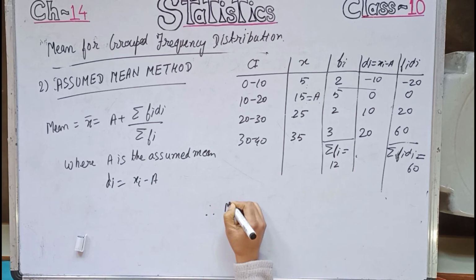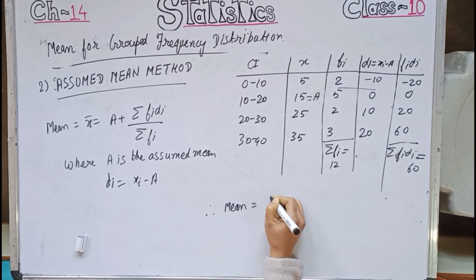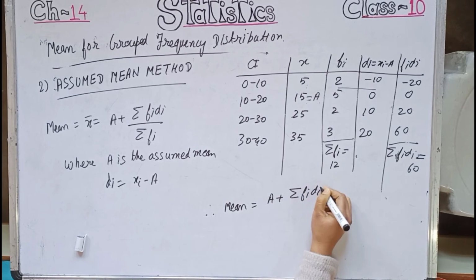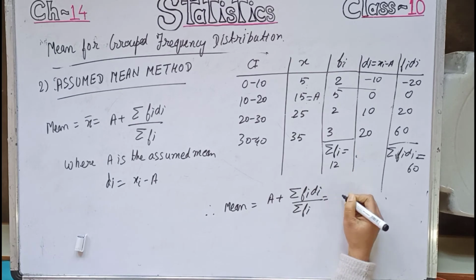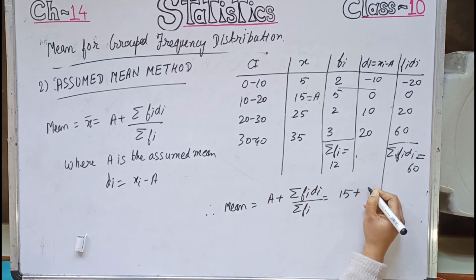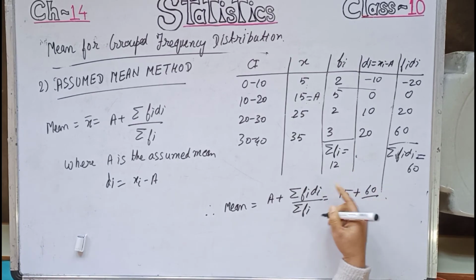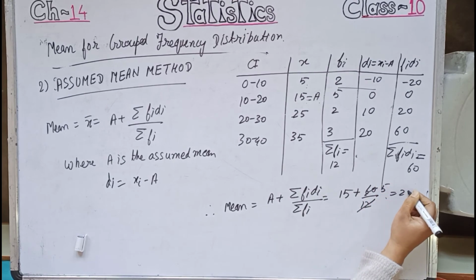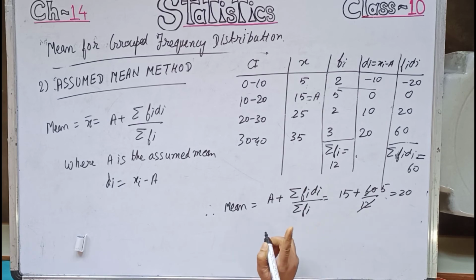Therefore mean equals to a plus summation fi into di by summation fi. Now a value is 15 plus summation fi di is 60 and summation fi is 12. So answer is 20. So this is the assumed mean method.